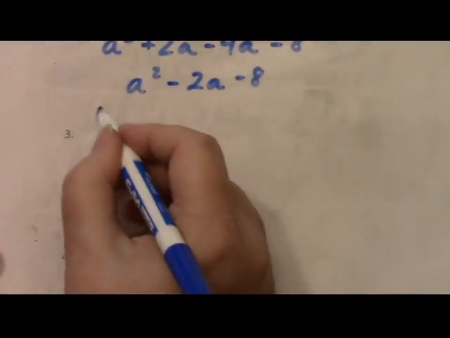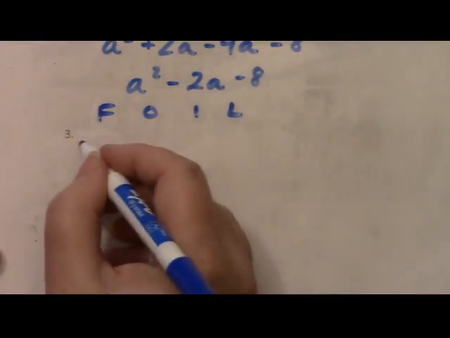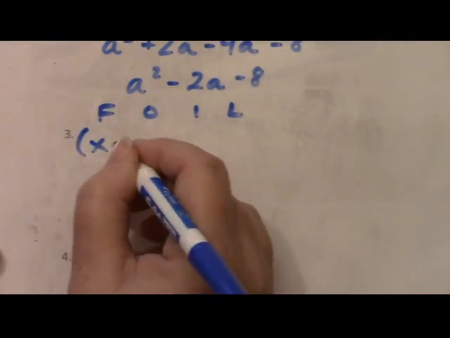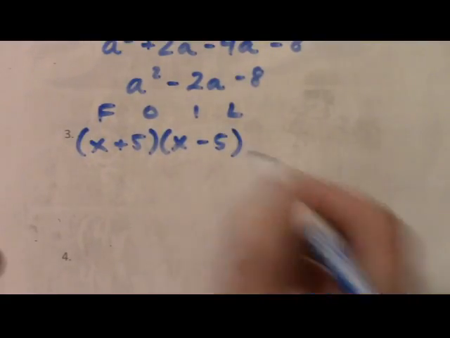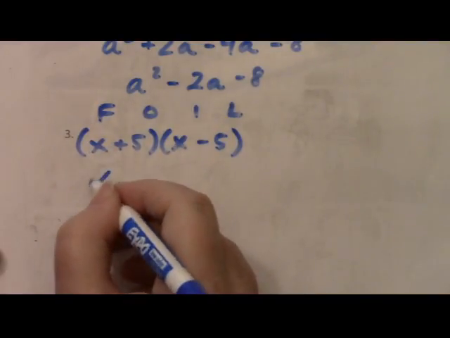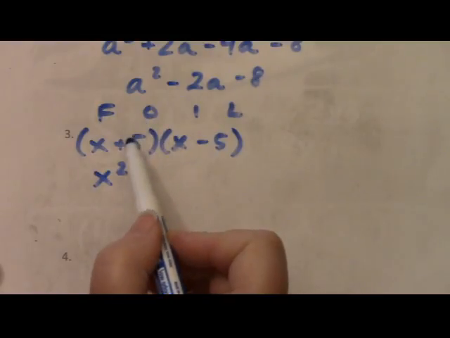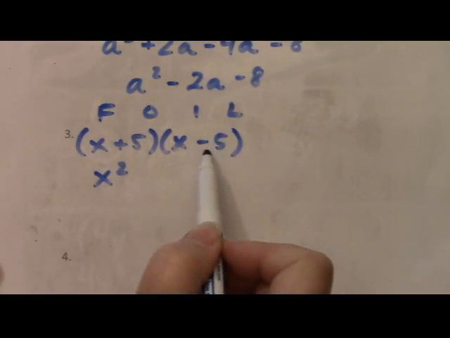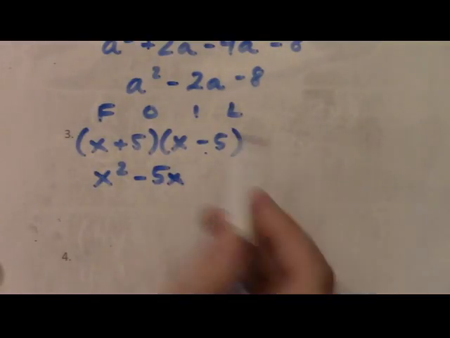Let's try another one. I'll write it up here. Let's remember what we're doing: FOIL. First terms, let's take x plus 5 times x minus 5. First terms, x times x gives me x squared. Outside terms, -5 times that x gives me a -5x.